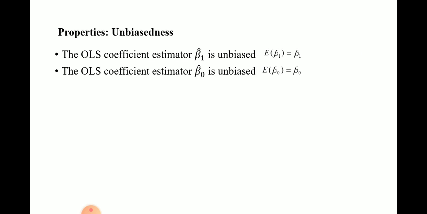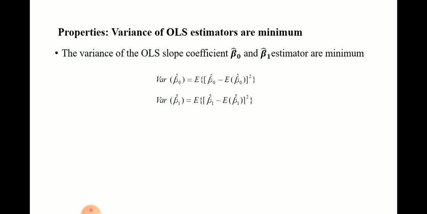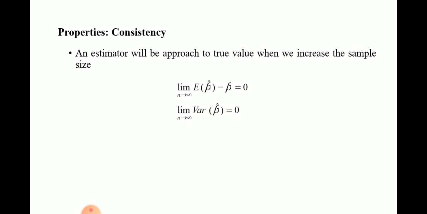That is unbiasedness. The third one is minimum variance. It means the variance of beta 0 and the variance of beta 1 will be minimum. Then the fourth one is consistency.